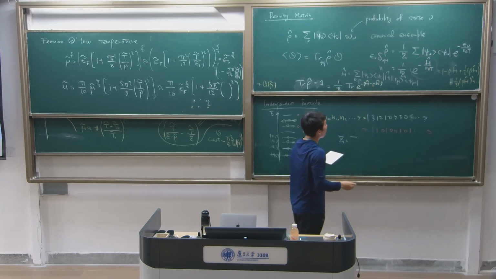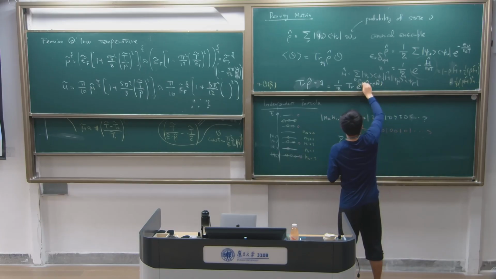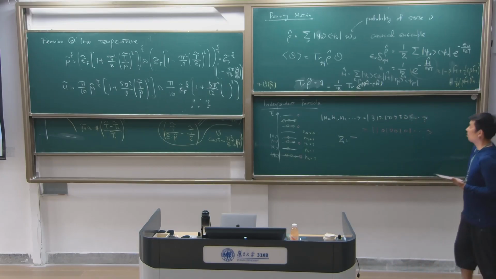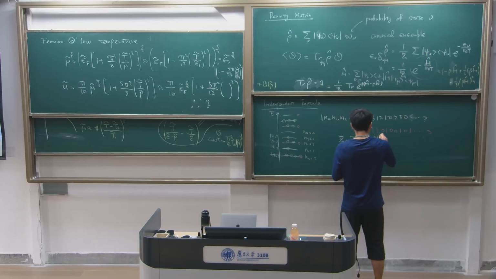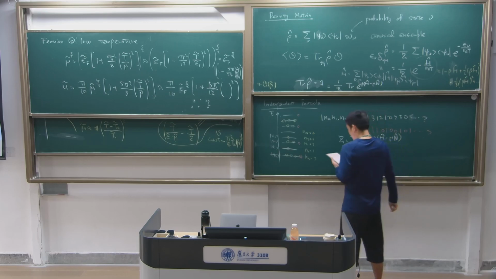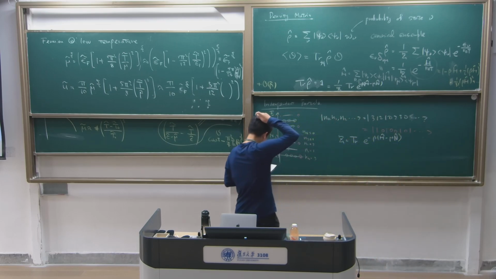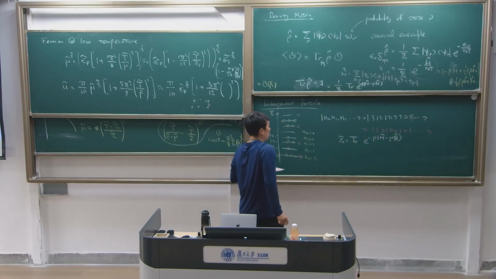Therefore the partition function is the trace of e to the minus beta (H hat minus mu N hat).